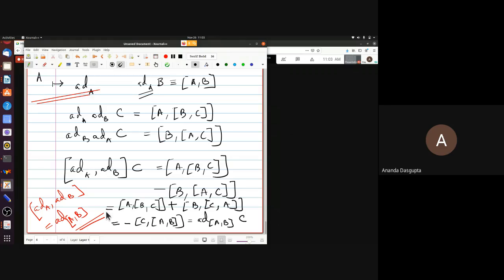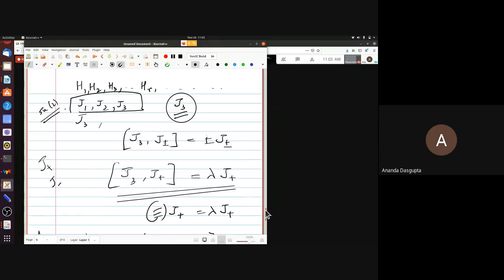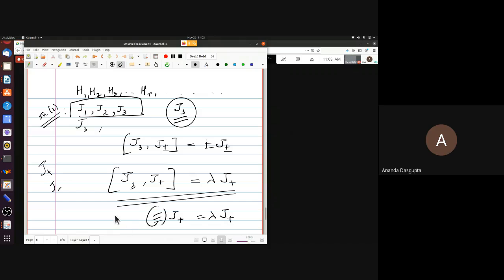Now, why is that so important? The important thing is if you go back to these results, this really is ad J3 acting on J plus is J plus. ad J3 acting on J minus is minus J minus. So what we are saying simply is ad J3 is an operator. It gets to act on the space of J3, J1, J2, right?